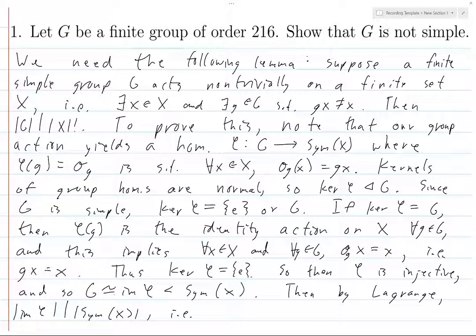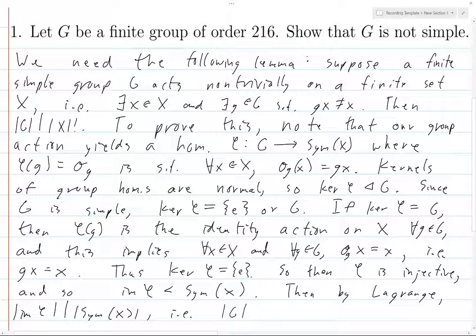You know what? We don't even need this. We don't even need to worry about this isomorphic thingy, because what we know is that obviously phi is injective and it's going to be surjective onto its image, and so phi is a bijection from G to the image of phi, and so they have the same size.